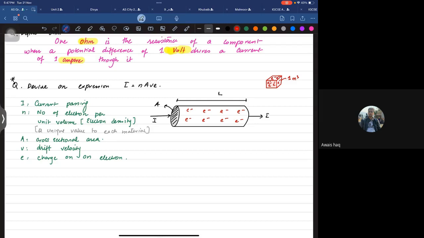Obviously, the greater number of electrons in a unit volume would mean that it's a better conductor. Do you guys understand what I'm saying? So it's like that.